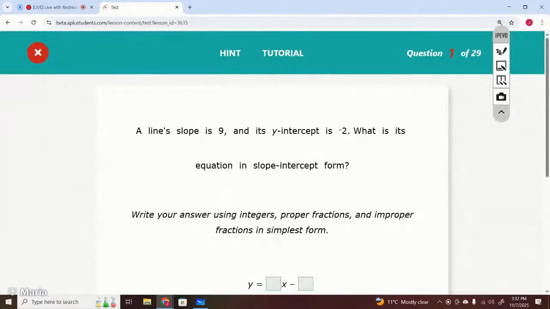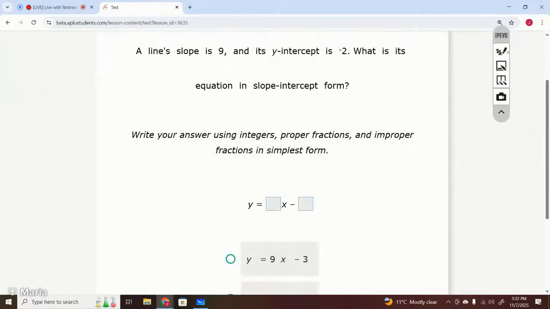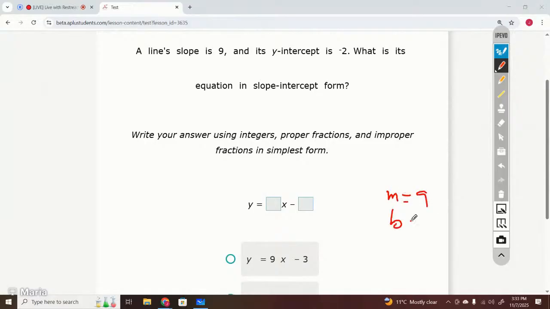A line's slope is 9 and its y-intercept is negative 2. What is its equation in slope-intercept form? So the slope is 9. M equals 9 and the y-intercept means the b, that is negative 2. Right?